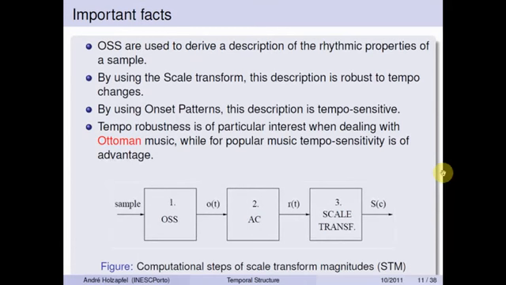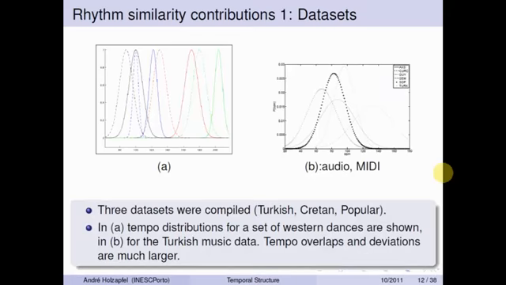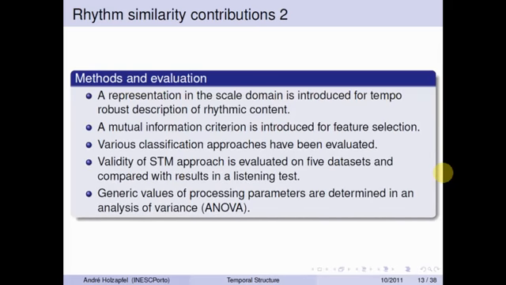on rhythm. Again, summing up what I just said about the tempo robustness. I did some work on feature selection based on mutual information. We used various classification approaches to show that this is in general valid on several data sets. And an interesting thing we did recently is using a larger collection of data sets, we did some statistical tests on general processing parameters which regard, for example, the window length you want to consider in order to describe rhythm.